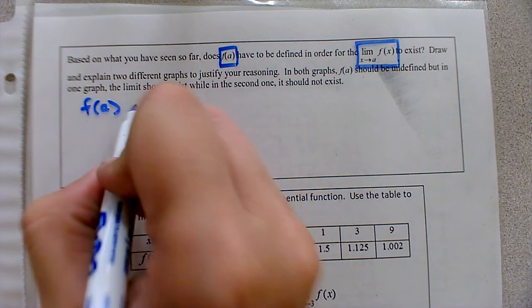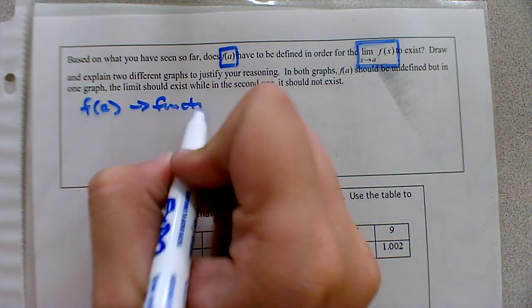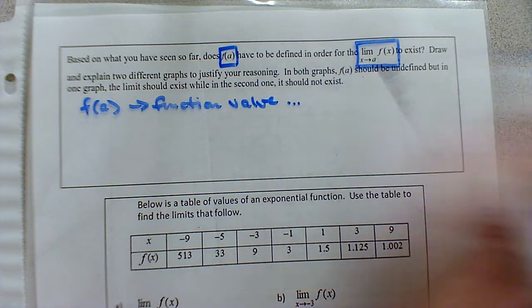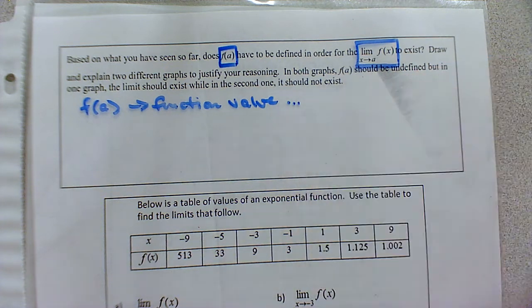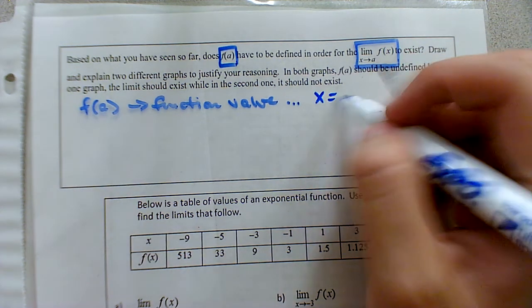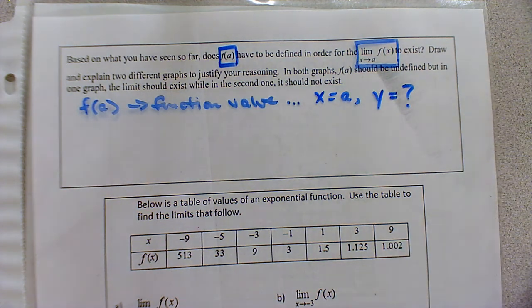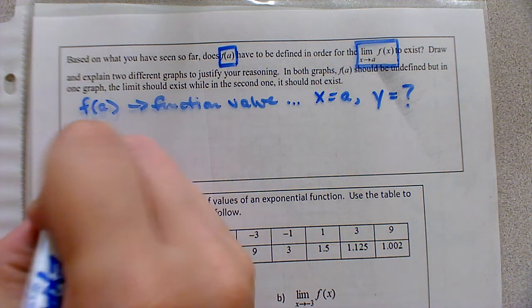So f of a is representing a function value, and this basically means that when you substitute in a, so if x equals a, what does the y value equal? Meaning you plug in a number, you get out a number. Do you have a closed circle?